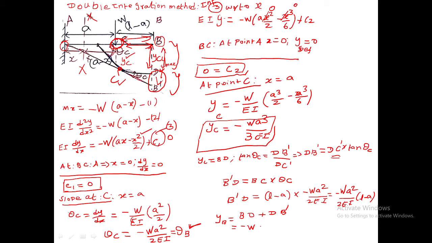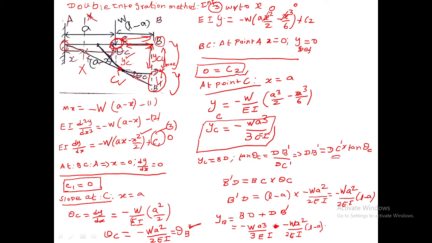BD is yc, which is minus W a cube divided by 3EI, plus minus W a square divided by 2EI into (L minus a).